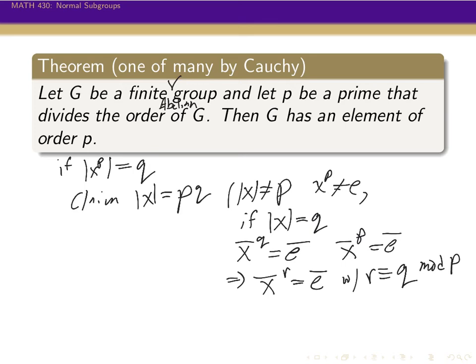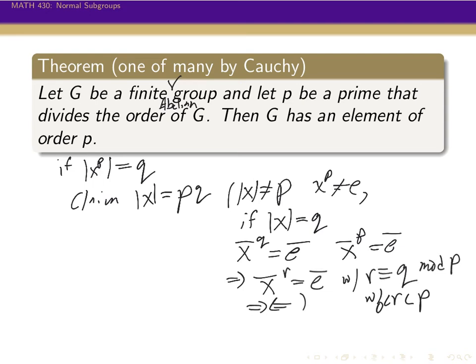Since p and q are different primes, r can't be 0, and we can choose it to be less than p. And this would contradict that p was the order of x bar. And so we get a contradiction there.